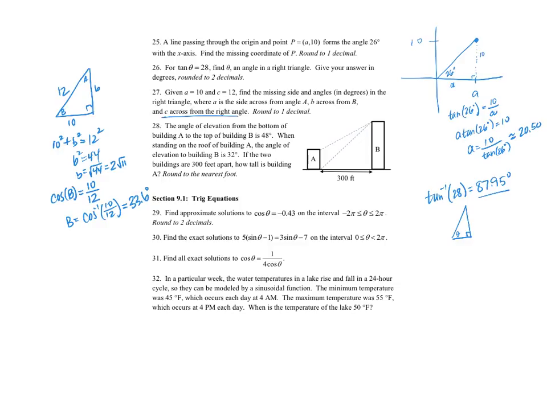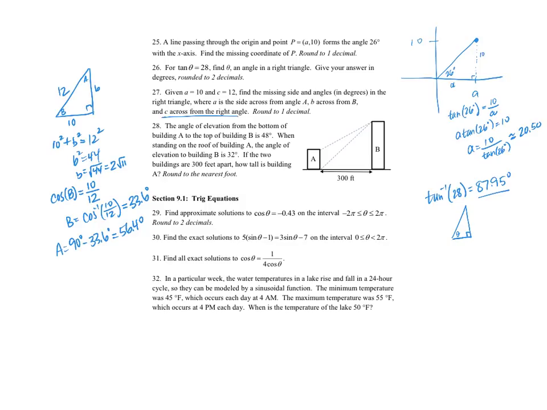And then I can find angle A because I know that angle A plus B plus C needs to equal 180 degrees, and so I could subtract that from 90. Angle A is equal to 90 degrees minus 33.6 degrees. I get 56.4 for that.